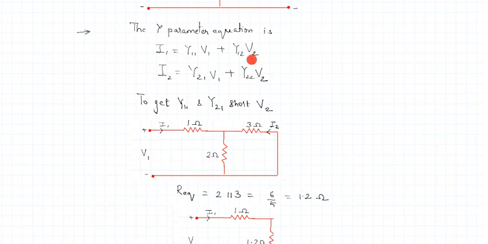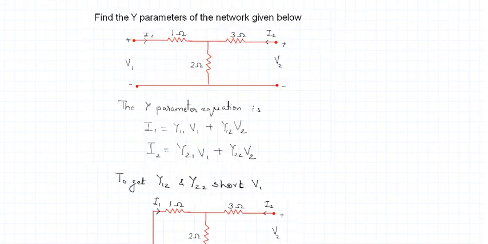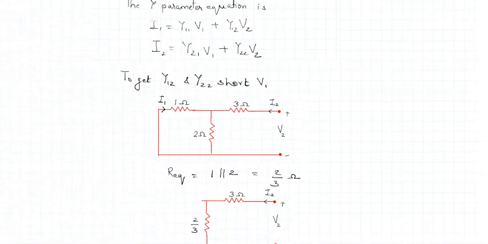As observed in the equation, to get Y12 and Y22, you need to short circuit the input port, that is V1, and that's what is done in the next step. As shown in the figure here, we have short circuited the input port.